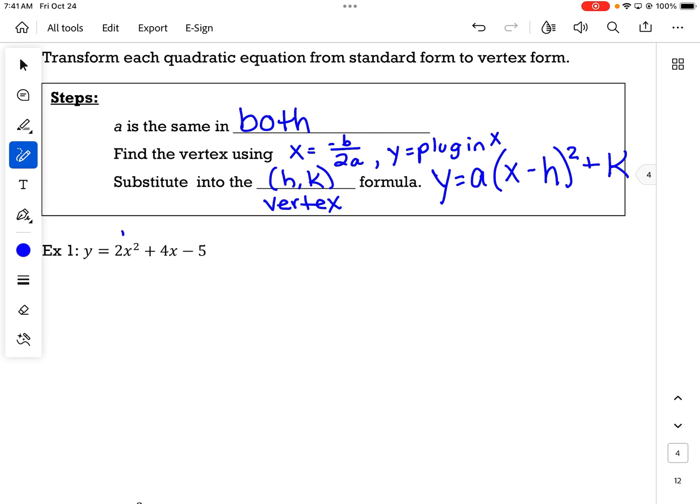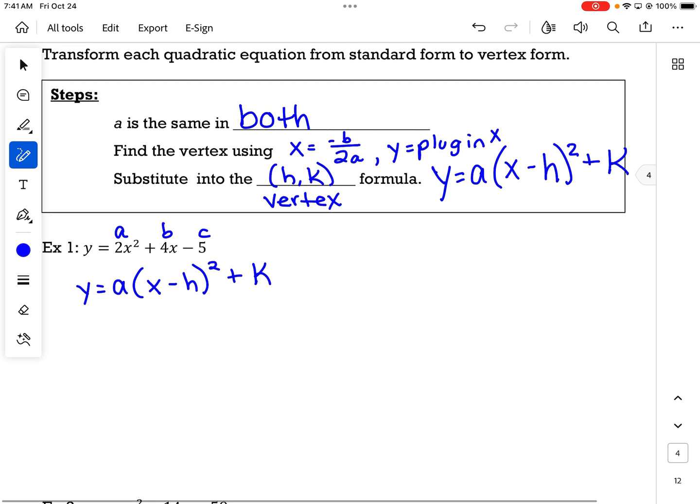So we want to find the vertex. Let's label a, b, and c. It says a is the same in both, so whenever I write it, it's going to be y equals a, parentheses, x minus h squared plus k.